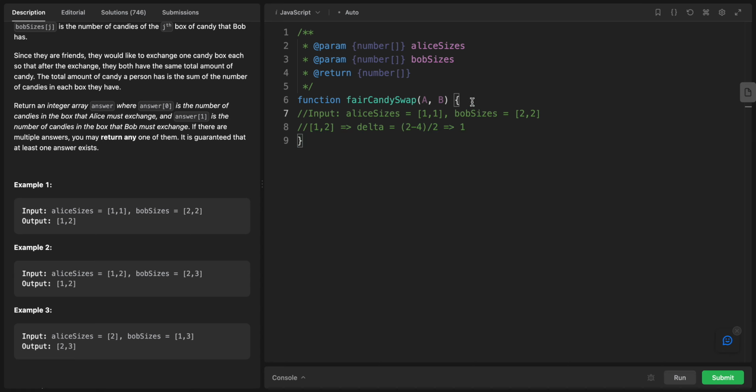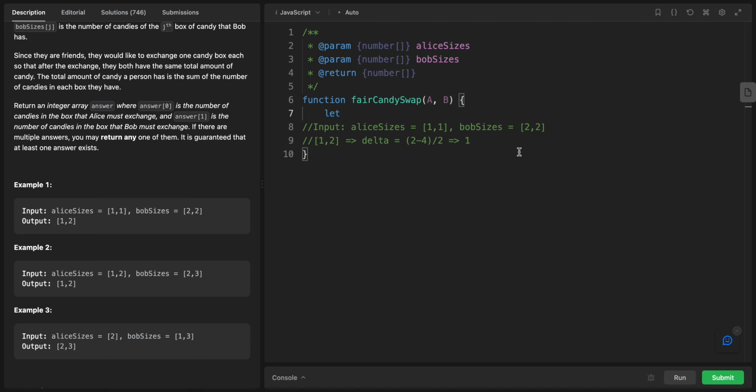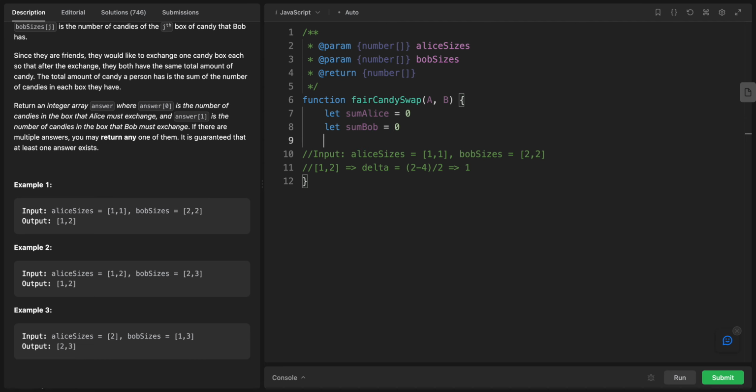So how can we do that? First of all, we need the sum of Alice and the sum of Bob. So let sum Alice equal 0, let sum Bob equal 0, and we try to get the sum of both of them. It will be quite easy.